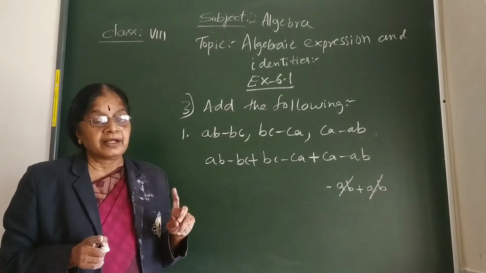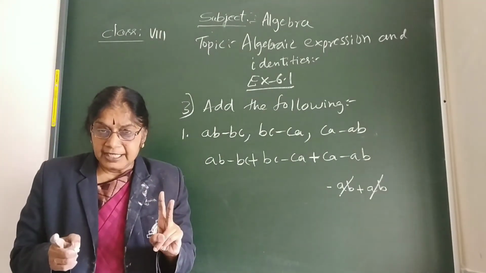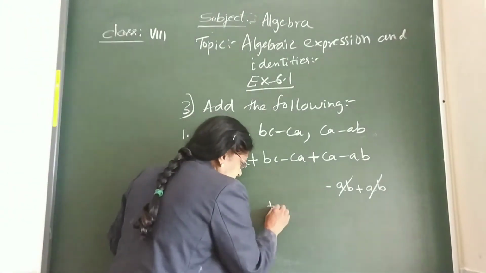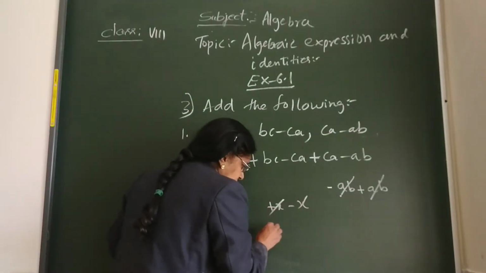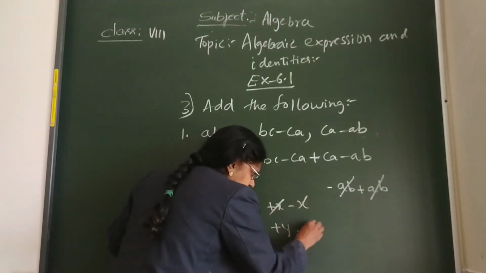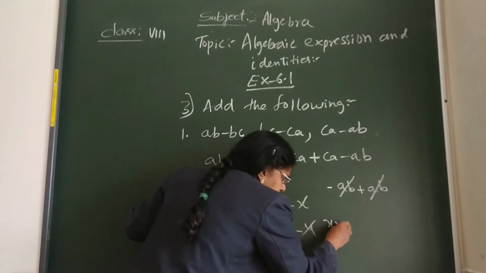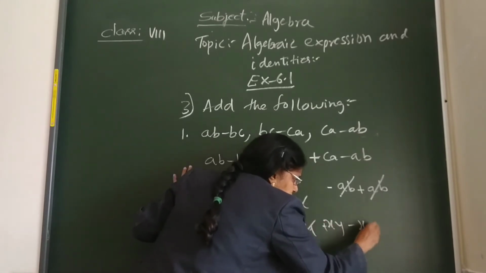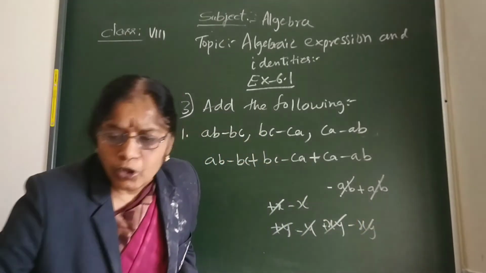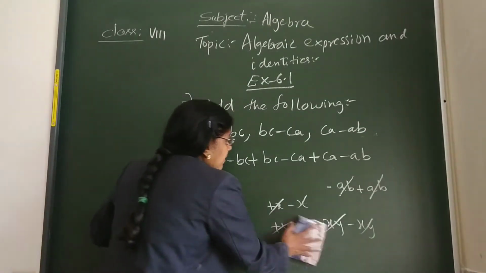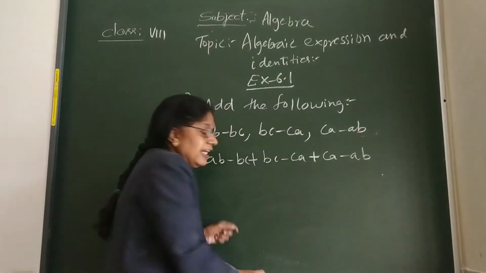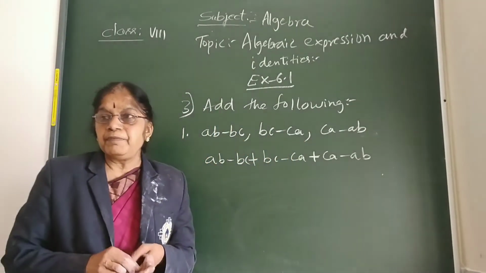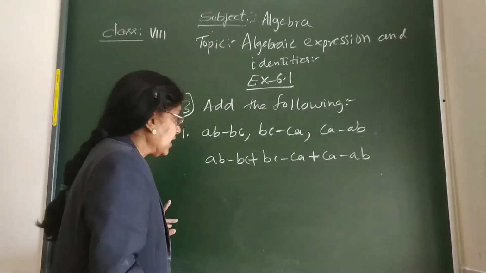Very important. Plus x minus x will get cancelled. Plus y minus y will get cancelled. Plus xy minus xy will get cancelled. So cancellation is only possible in variables if both variables are the same, but one should be positive and another should be negative.